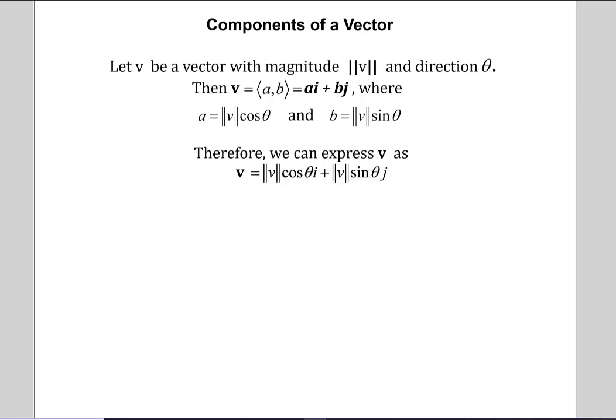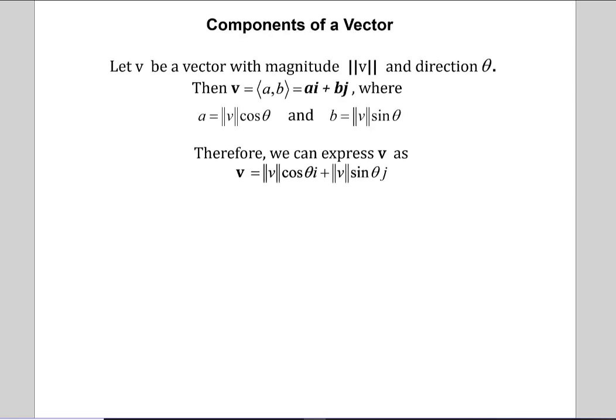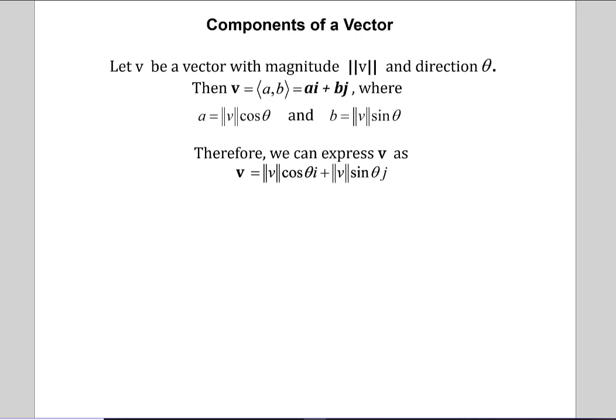Then we have, let's see, did we skip the equal vectors? On my notes I have equal vectors. Components of a vector. Anyhow, 2 vectors are equal if their components are equal. So you can have equal vectors that are going in the same direction, the same length.